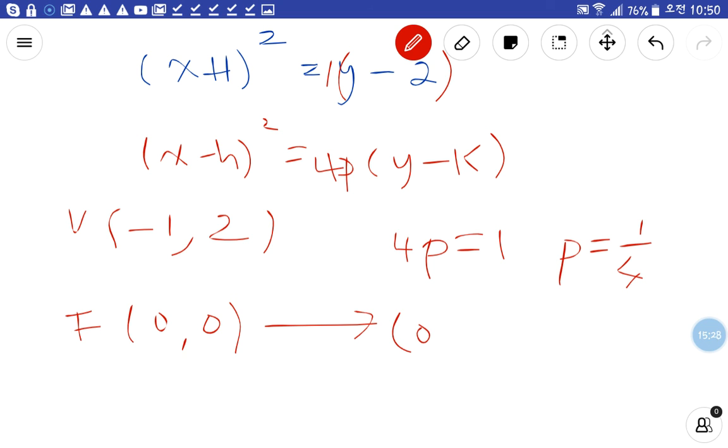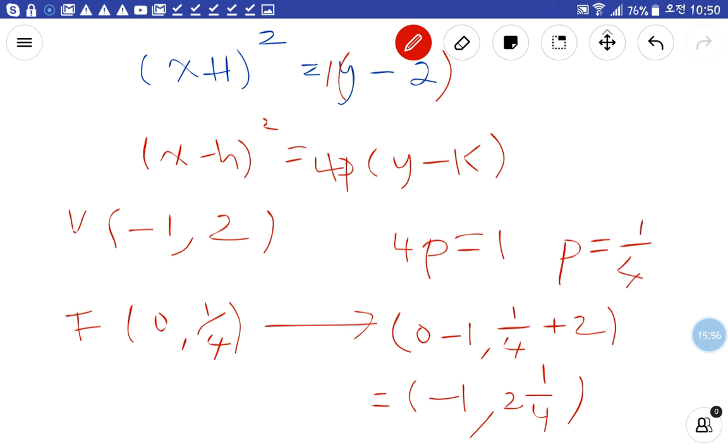Oh no, your focus is 0, comma p, so 1 over 4. You had a 1 over 4 here, add 2 so that you can get your new focus, which is negative 1, comma 2 and 1/4.